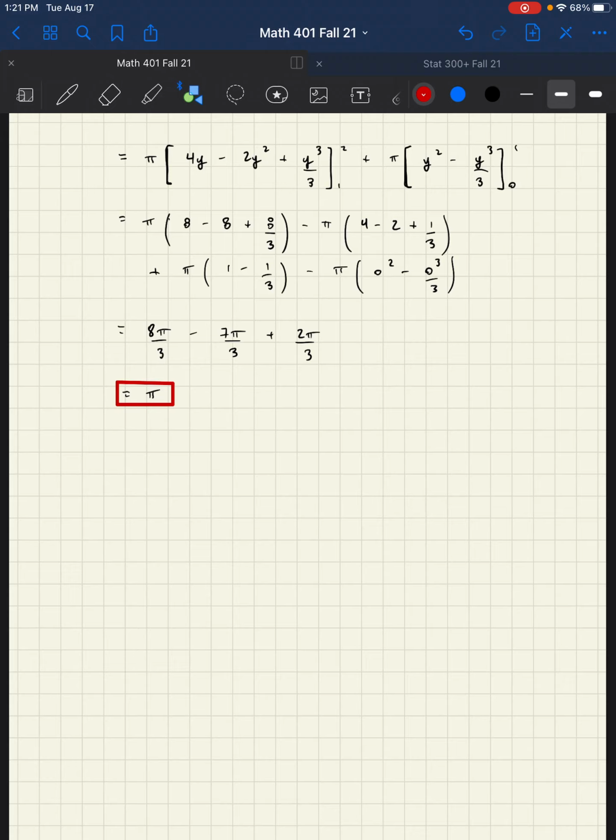So let's finish off. No, we still have 2 more examples here to work with, because now we're going to be talking about what happens when we use an arbitrary axis that's parallel to the x-axis. Okay, so new example.